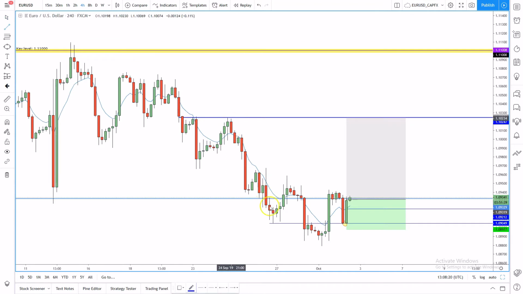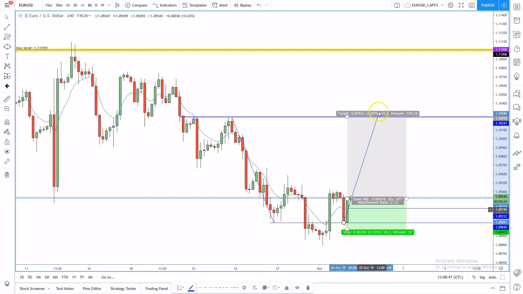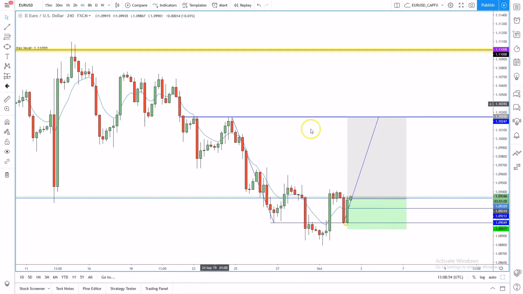So this is the left shoulder. I'm using that as a target, so I'm just going to replicate that on this side. It's actually from here, from this shoulder here, that's what I'm targeting as a target area.